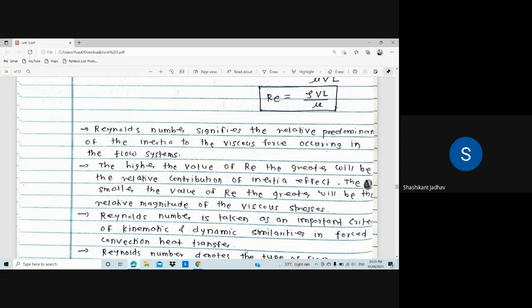The higher the value of Reynolds number, the greater will be the relative contribution of inertia effect, full stop.